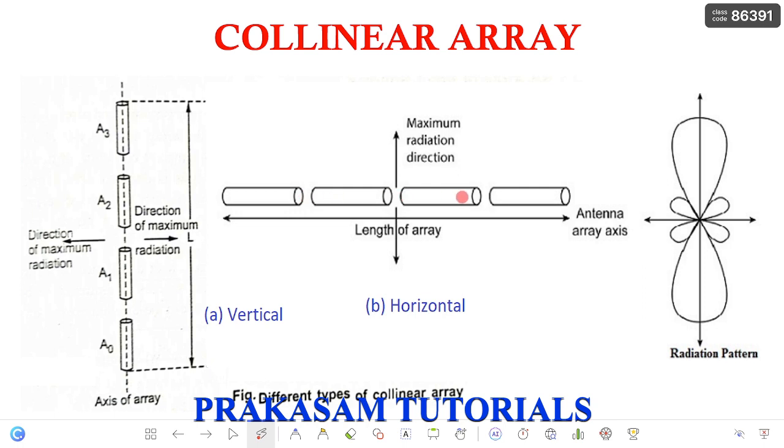So these are the antenna elements, arranged in a single line from one end to the other, one after the other. This arrangement can be either horizontal orientation or vertical orientation. This is the horizontal orientation of the collinear array antenna, and this is the vertical orientation of the collinear array antenna.